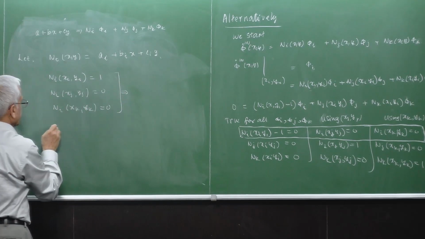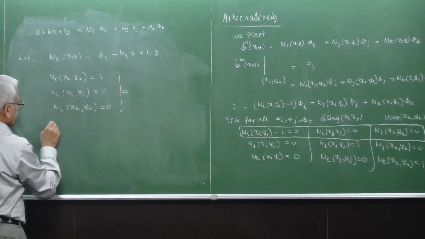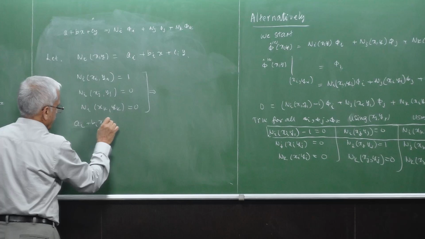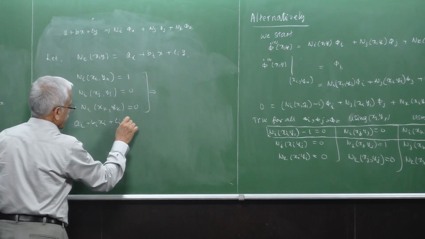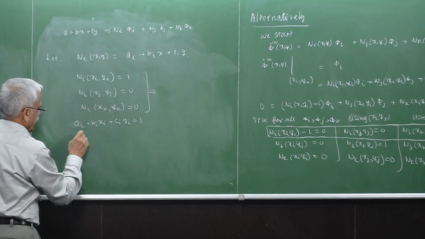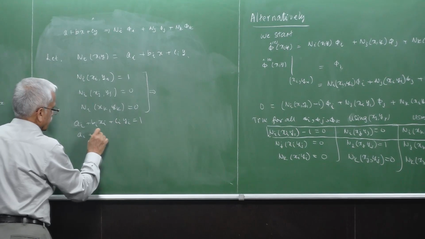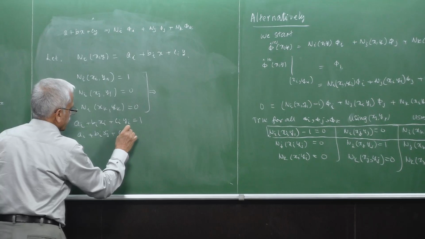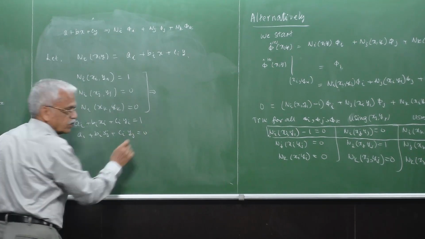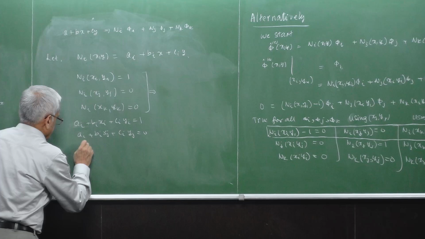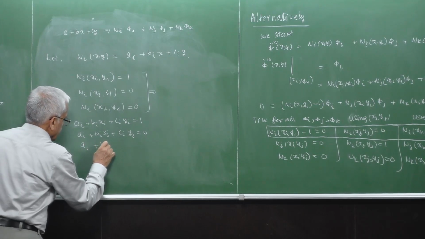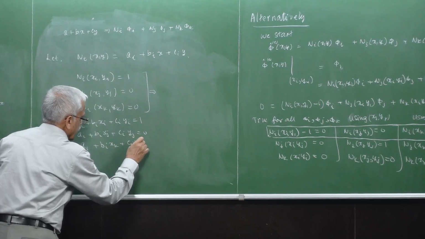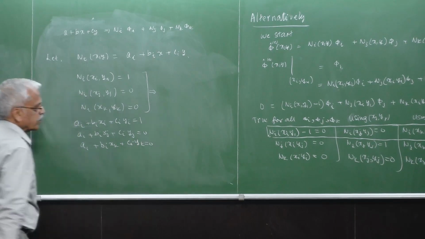That means we have ai plus bi xi plus ci yi is 1, ai plus bi xj plus ci yj is 0, and the third one is ai plus bi xk plus ci yk is 0.